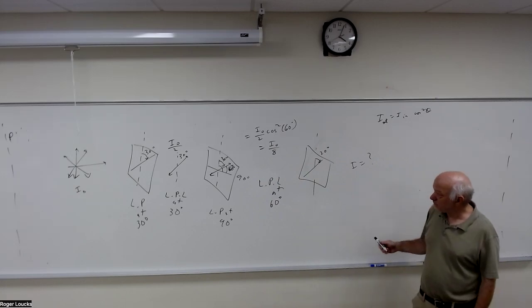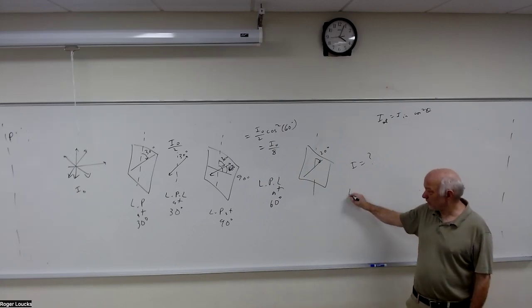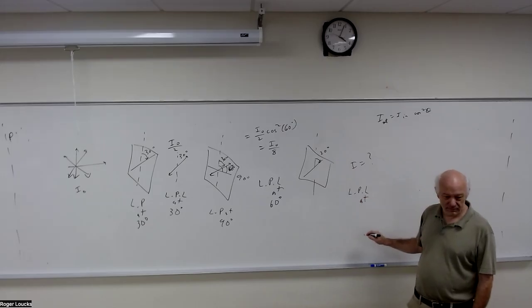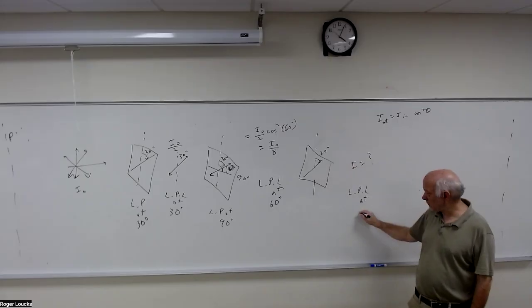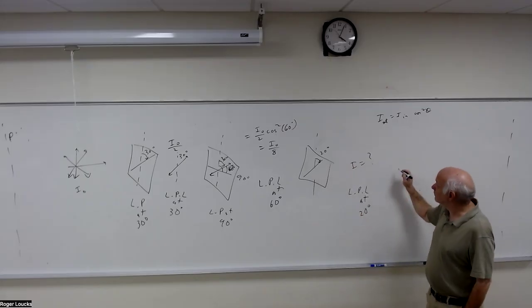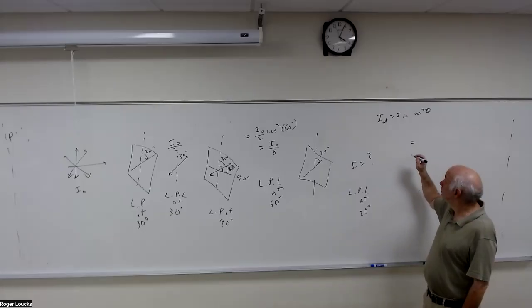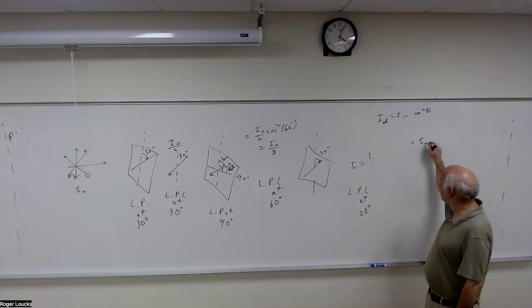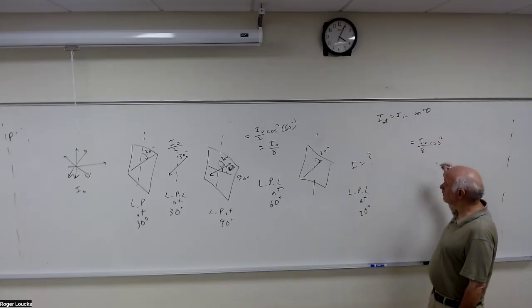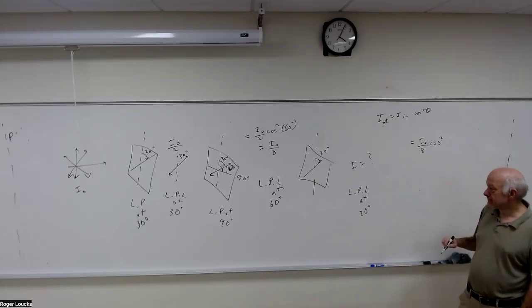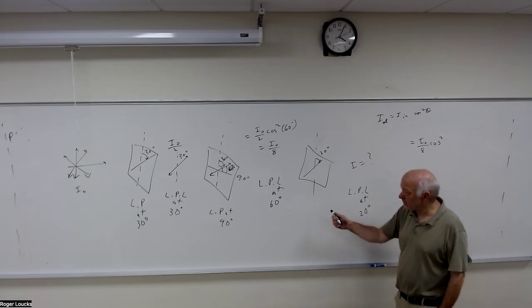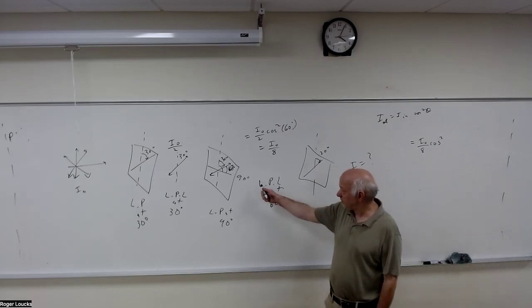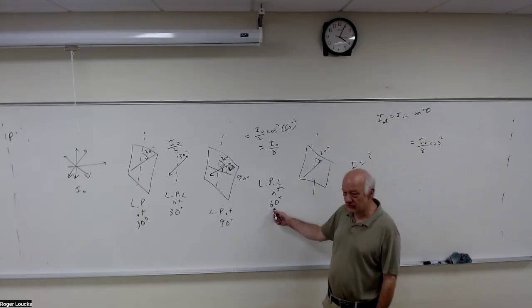What's coming out over here? Well, we just redo the same thing. It's linearly polarized light at 20 degrees, because it's always the same thing: the transmission axis is 20 degrees. Now what's the intensity? I in is I naught over 8, and so I out is I naught over 8 times cosine squared of, not 60 degrees, sorry.